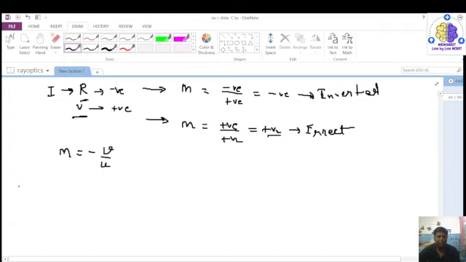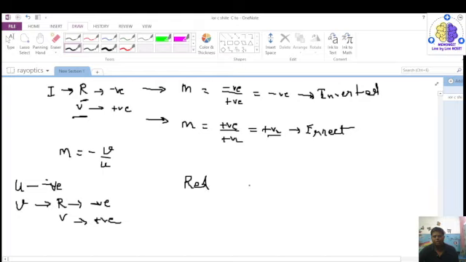So object distance is negative always, where image distance is, for real it is negative, and for virtual it is positive, right?